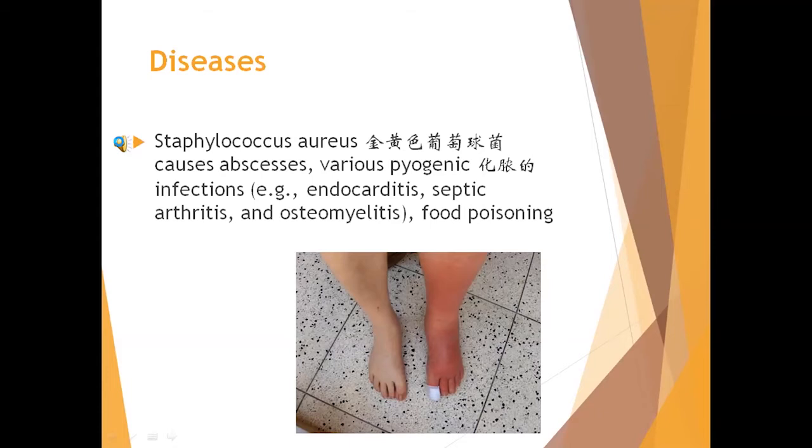One kind of bacteria can cause different kinds of infections, and can cause severe infections. Like the picture here, you can see a swollen finger there.